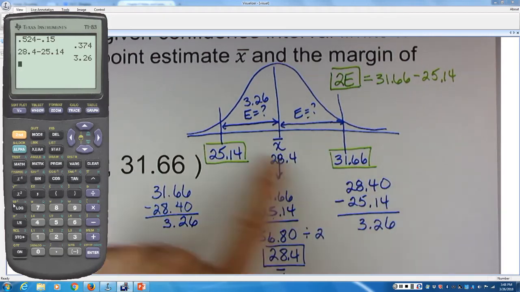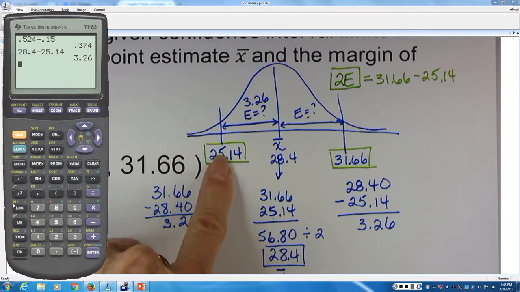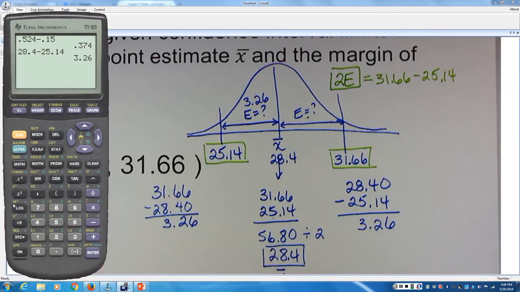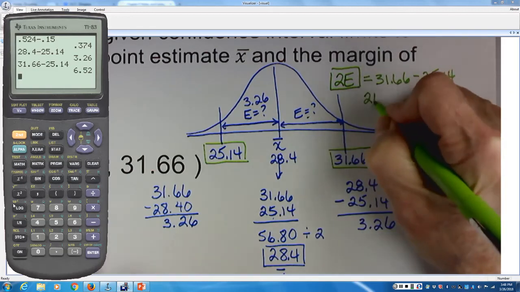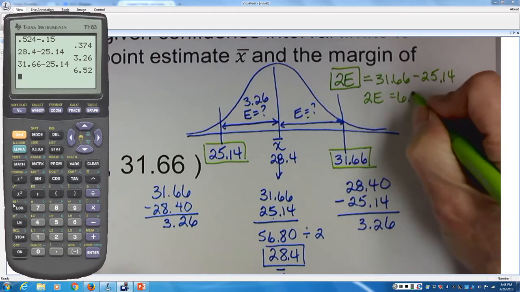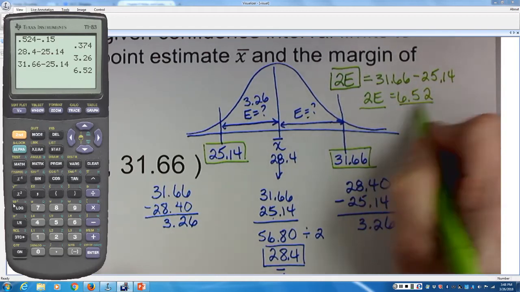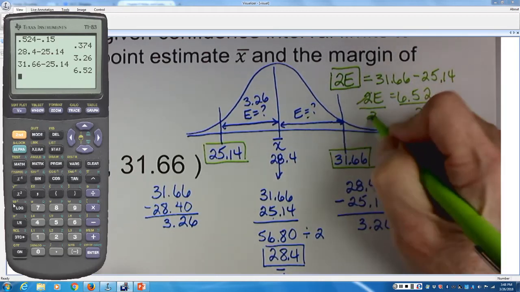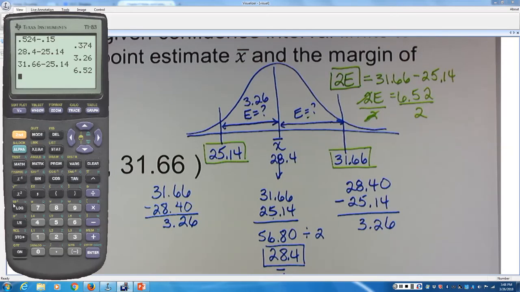So I'm going to take the high number and subtract the low number. If I do that, I get 6.52. So if I divide both sides by 2 using some of your rusty algebra skills, I get 3.26, which is what I'm supposed to get.